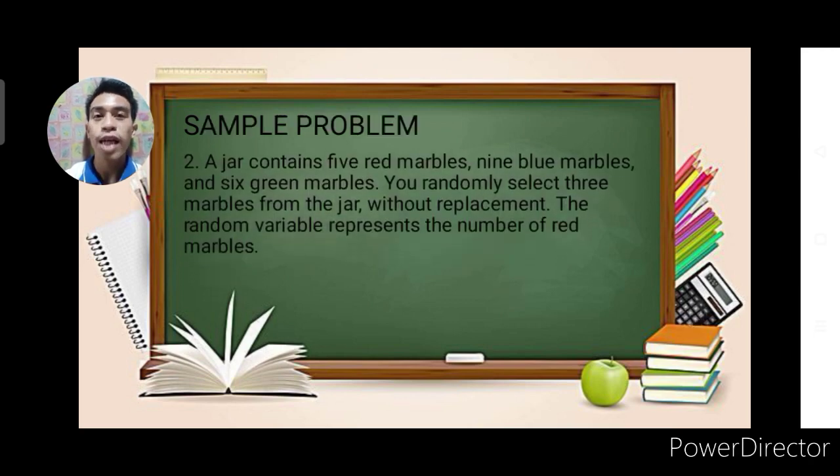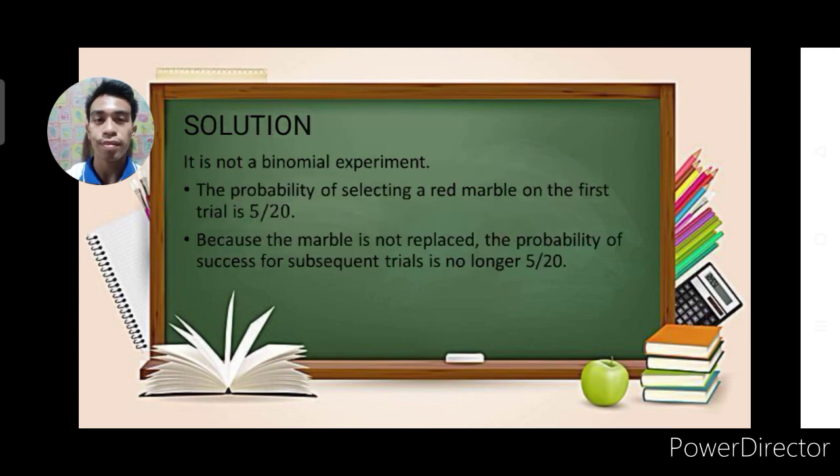And for our next sample problem, a jar contains 5 red marbles, 9 blue marbles, and 6 green marbles. You randomly select 3 marbles from the jar without replacement. The random variable represents the number of red marbles. So our solution: it is not a binomial experiment.